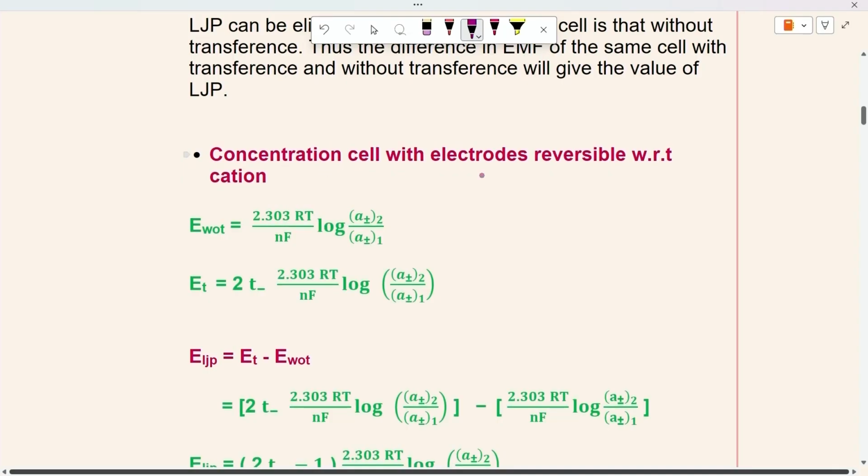Now, we are going to consider the concentration cell in which the electrodes are reversible with respect to cation. So, the first case is cells with electrodes reversible with respect to cations.